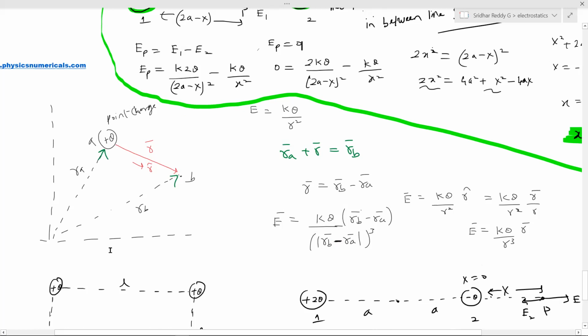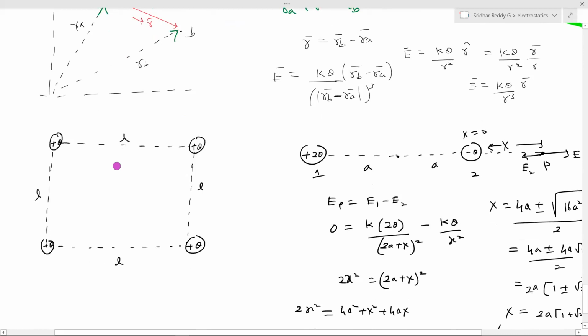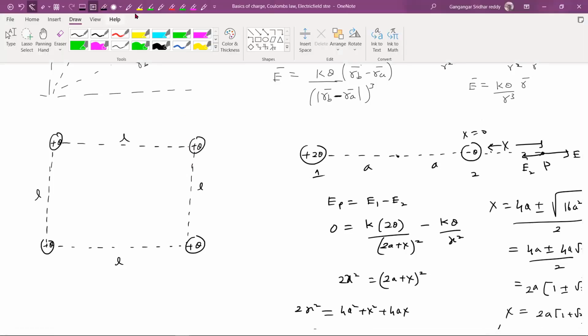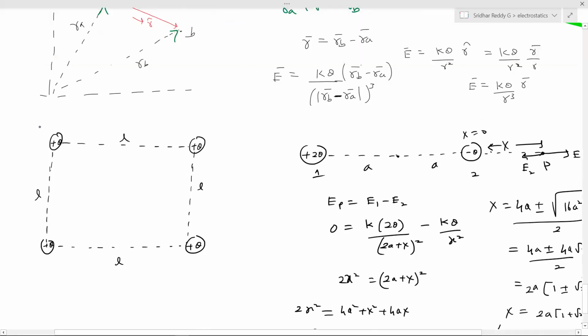So I'll have one more condition. If I have 4 point charges kept at the corners of a square, how do we calculate the resultant force acting on each? How to find the resultant force acting on an individual point charge?